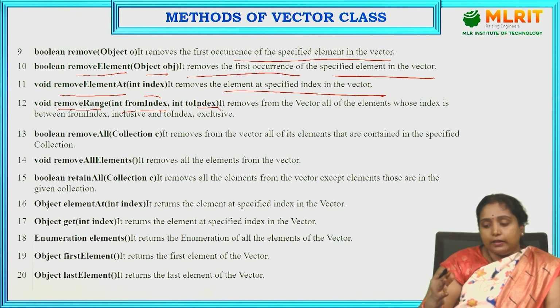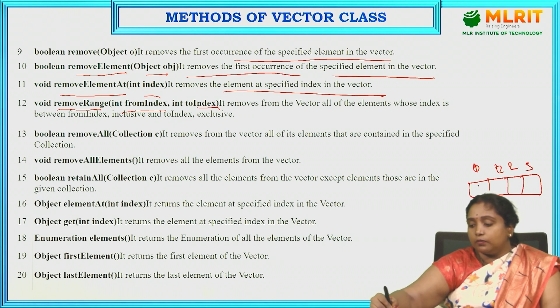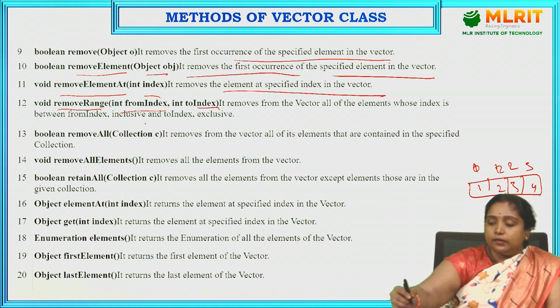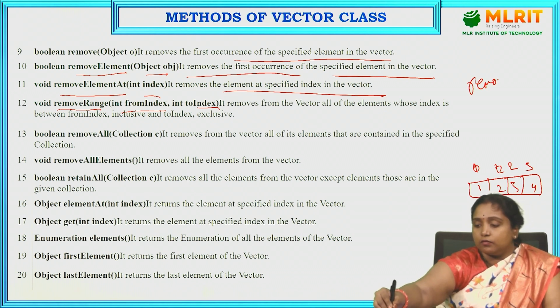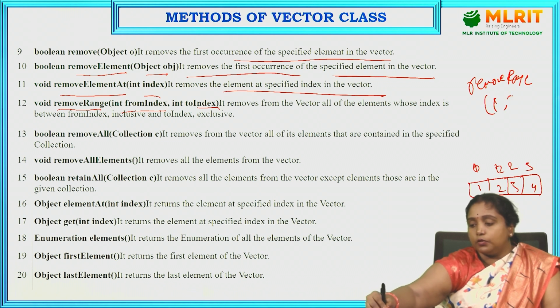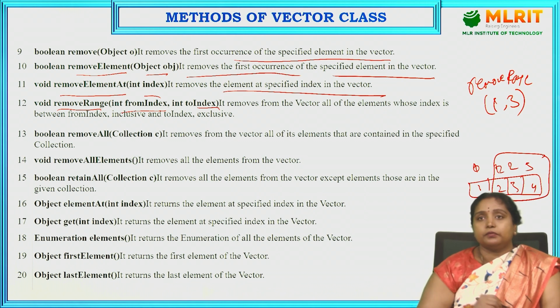If I am having a vector 0, 1, 2, 3, and I just want to remove the elements using removeRange from 1 to 3, it will remove those elements.